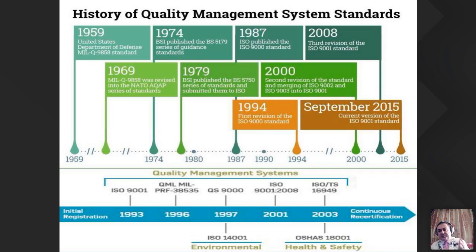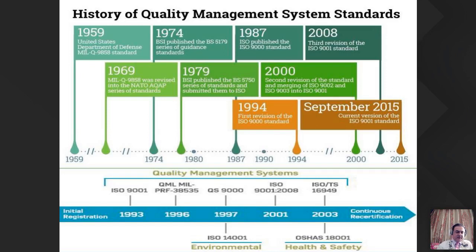And as well, after the Second World War, many gurus from the industry moved to different parts of the world to create new models of quality management, until we developed those management systems over the years to have the ISO standards.